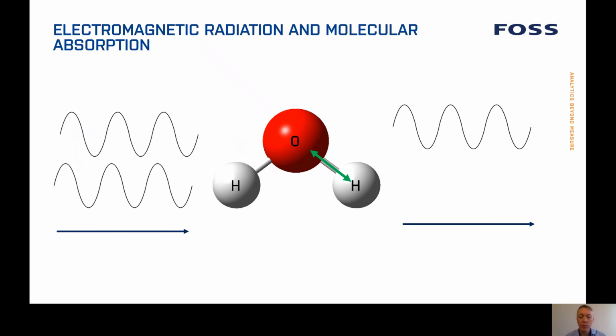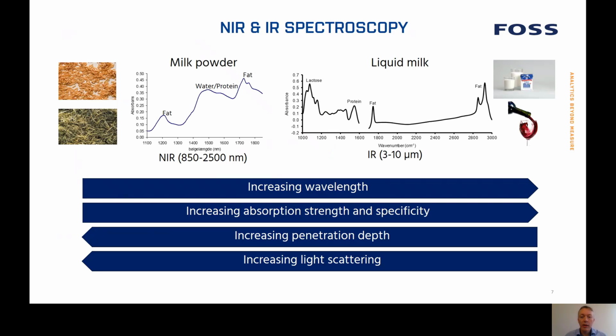However, the absorption process only happens when the wavelength or frequency of the light matches the vibrational frequency of the molecule. Since the vibrational frequencies are specific to specific bonds, this will allow us to identify the bond and thus very often also the whole molecule. Look at an example.